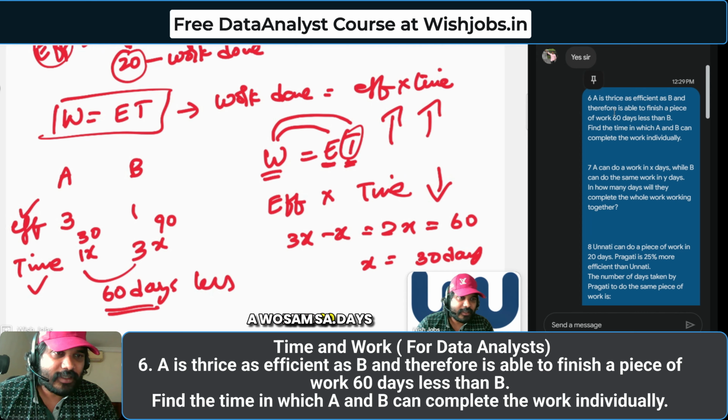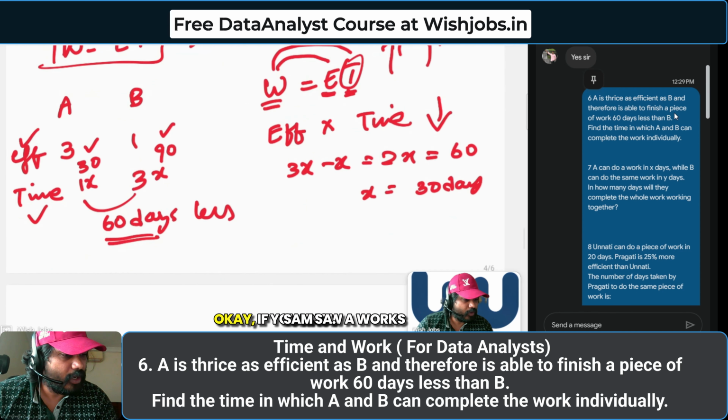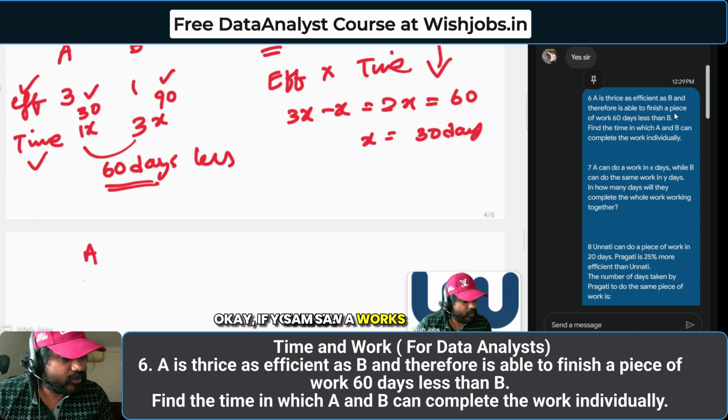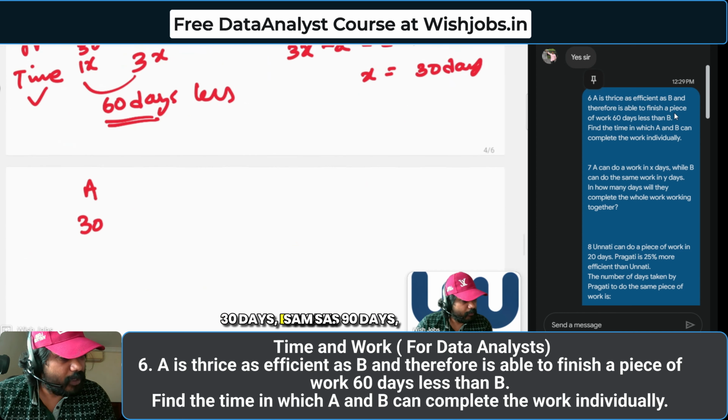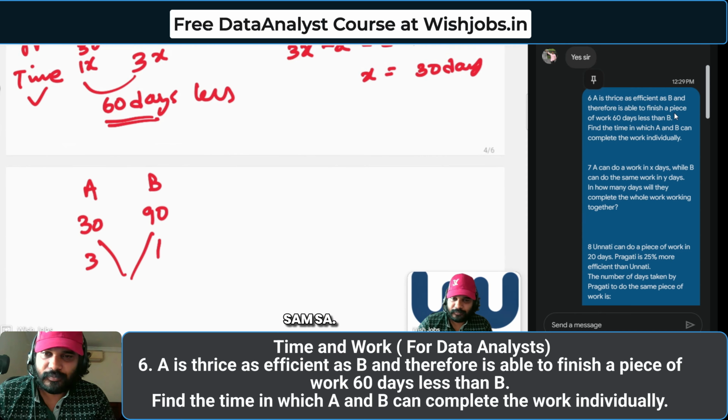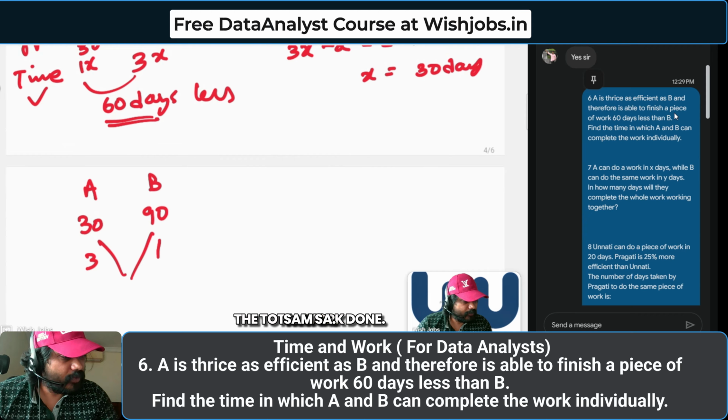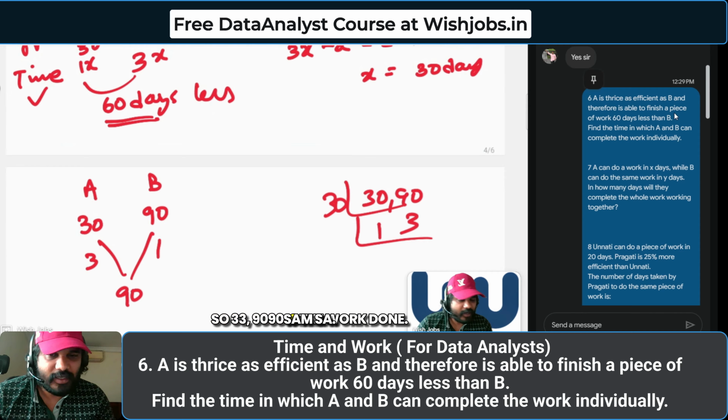A worked 60 days less than B. So here 30 is A's time and B's time is 90 days. Find the time in which A and B can complete the work individually. If you know A works 30 days, B works 90 days, and you know the efficiencies, for the total work done, take the LCM of 30 and 90. 3 times 30 is 90, so 90 is the work done.